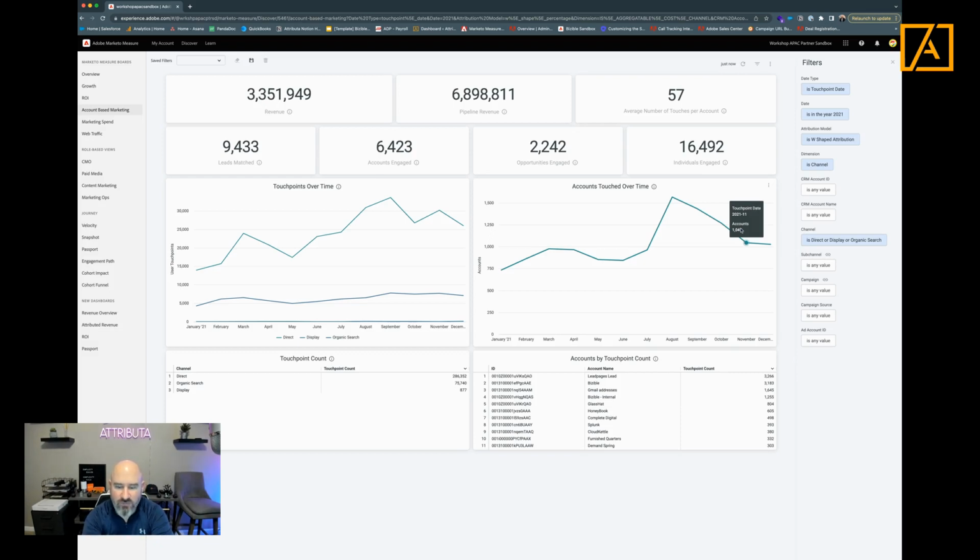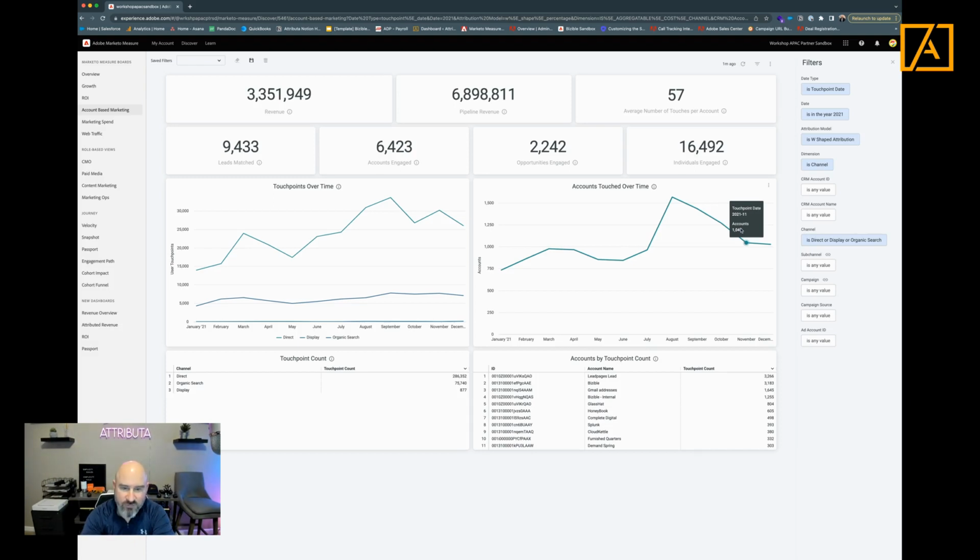What you're looking for is an increase in the group that's receiving the ads, but not a corresponding increase in the group that's not receiving the ads. If you have a similar increase among both groups, then you can't really say that it's tied to the ads, because they're both going up.